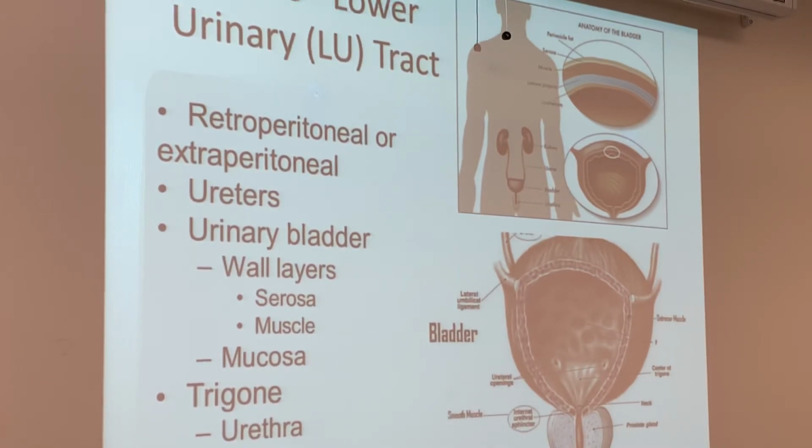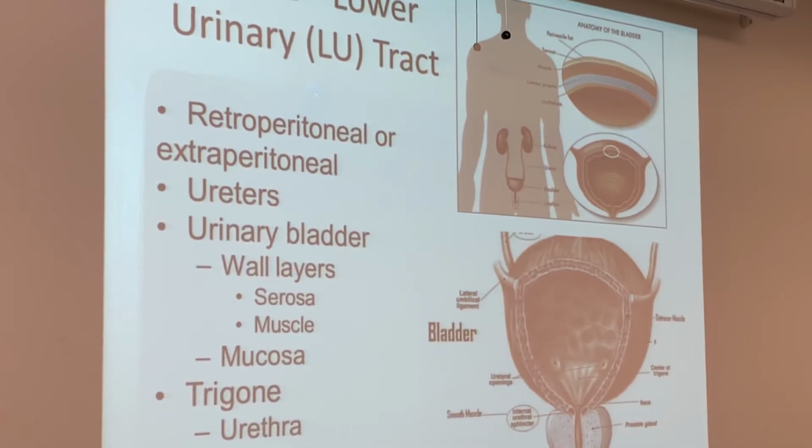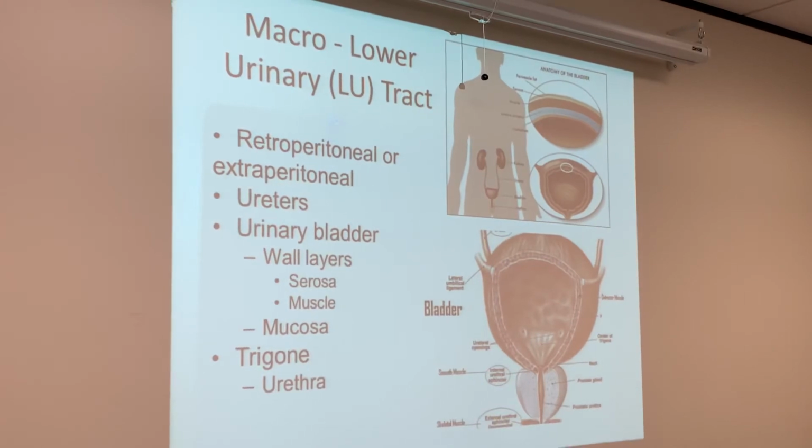So let's talk a little bit about the bladder. The bladder is retroperitoneal, or outside. Another name for that is extraperitoneal. The bladder wall is made up of serosa, muscle, and mucosa. Which one is the outer layer?